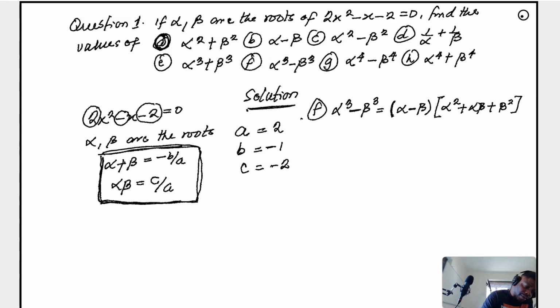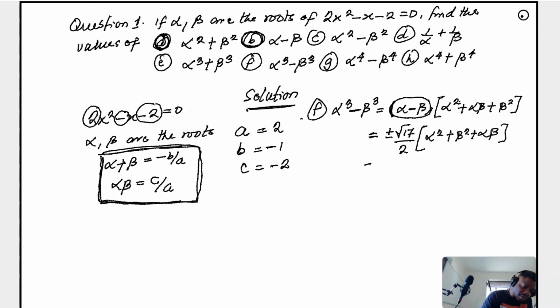Okay, let's see if you are correct now. So alpha minus beta, we have done that in question B before. We've done this here, and when we did that, we got plus or minus root 17 over 2 for that. When we did this, that is what we got. Then alpha squared, I can say alpha squared plus beta squared plus alpha beta.